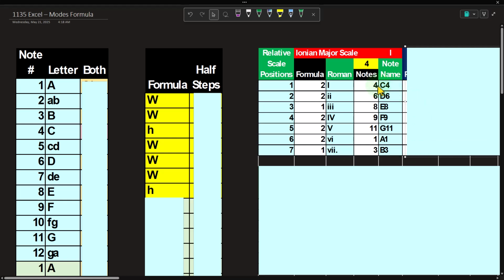Now you can imagine, well, what if I make this the tonic? What if I make the D the tonic? Well, then you're going to have the same collection of notes, but you can also imagine that I build the formula off of the D note. What if I build the formula off of the D note? Well, all I would do is start the formula from the second bit, because I'm starting on the second note.